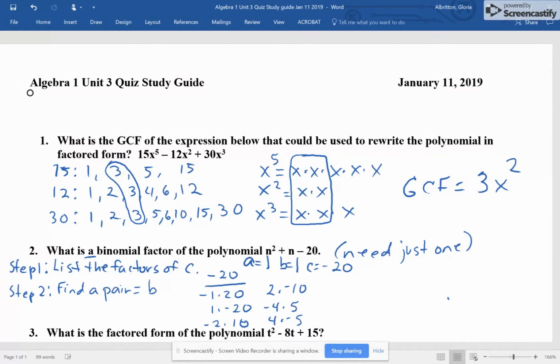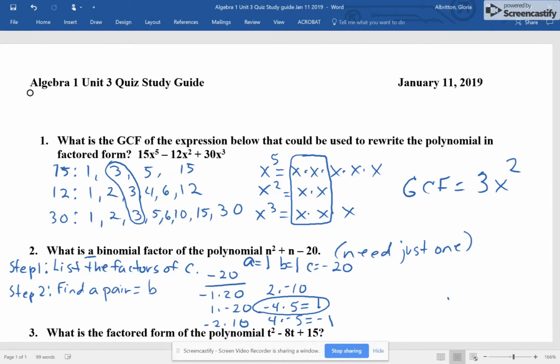Negative 2 and 10 gives us 8. 2 plus negative 10 gives negative 8. Now when we get to negative 4 plus 5, that would give us a 1, because 4 plus negative 5 will give us a negative 1. So this is the pair that is going to work to split this polynomial into its binomial factors.